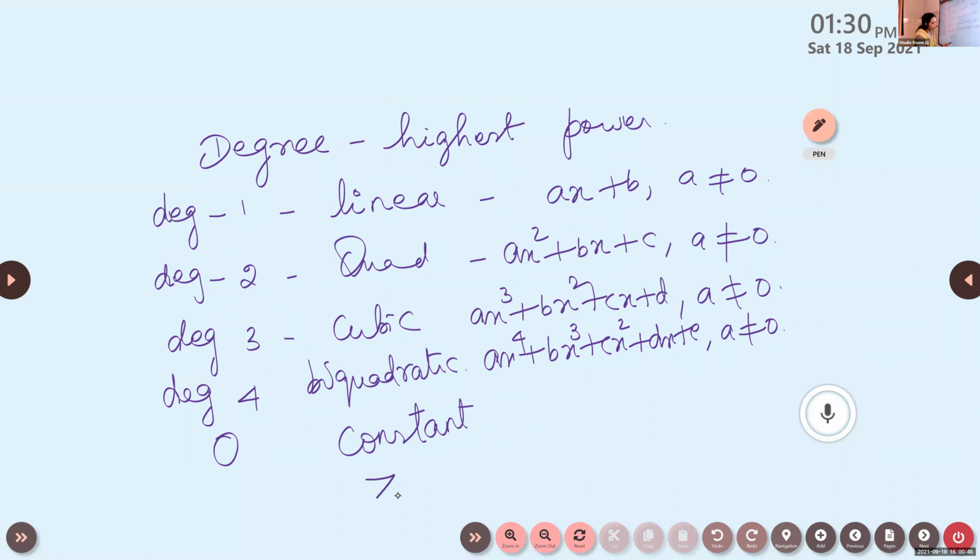And for a zero polynomial, degree is not defined. Okay. For a zero polynomial, if you write simply 0, it is a polynomial. But its degree is not defined because we can write this as 0x cube. If you want, we can write this as 0x4. So degree of the zero polynomial is not defined.